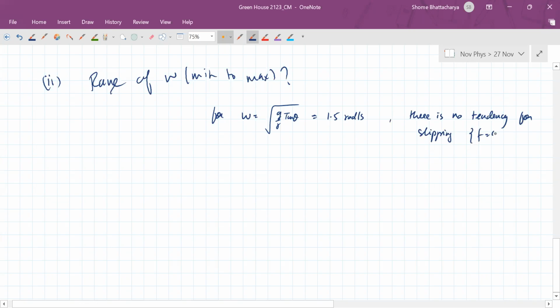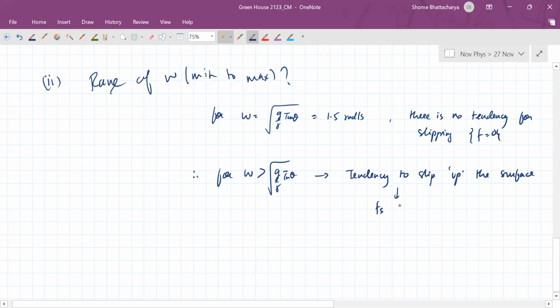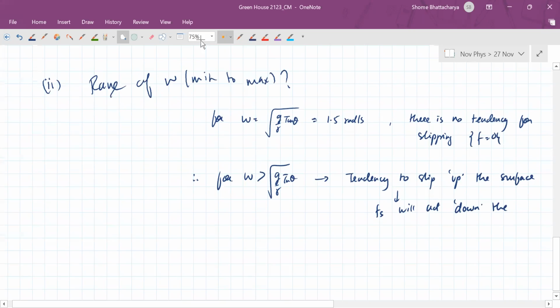So friction acting was 0. Therefore, for omega greater than this value, there is a tendency to slip up the surface. So static friction will act down the surface if there is no slipping.